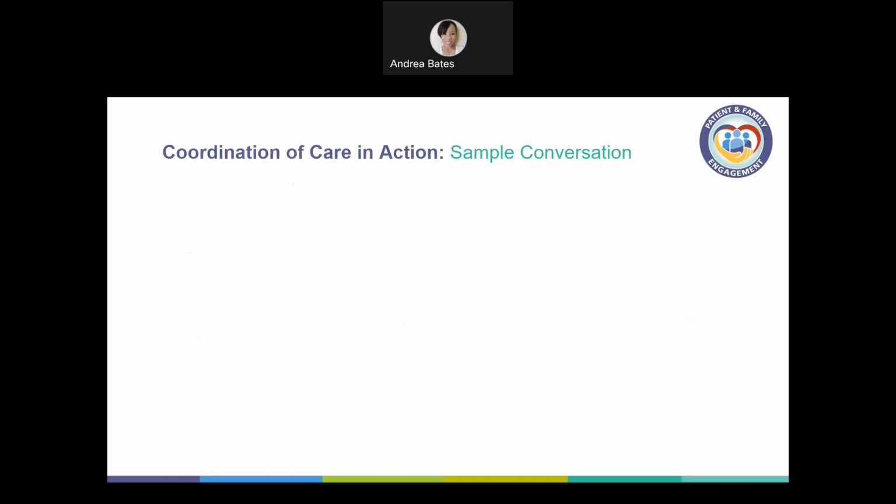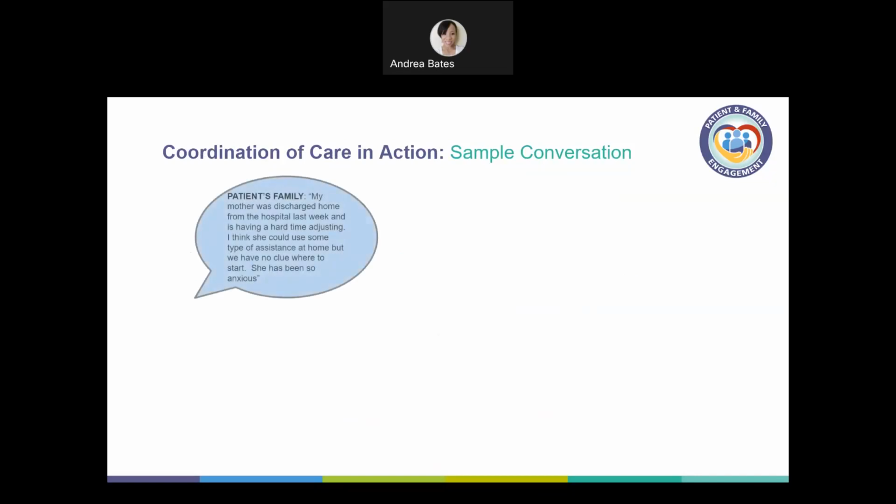So here's a sample conversation that may have to do with coordination of care, and maybe these are some things that patients and/or family have brought up to you in the past. So you have a patient who's just been out of the hospital and their family member approaches you. "My mother was discharged home from the hospital last week and is having a hard time adjusting.